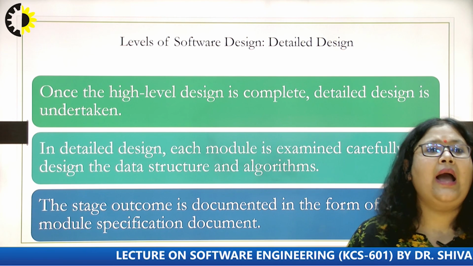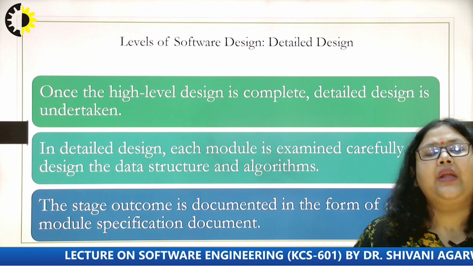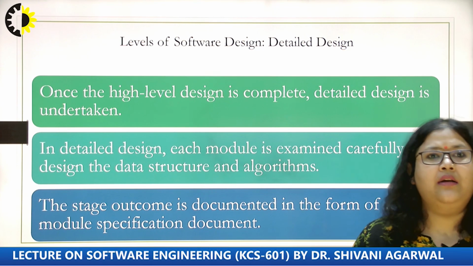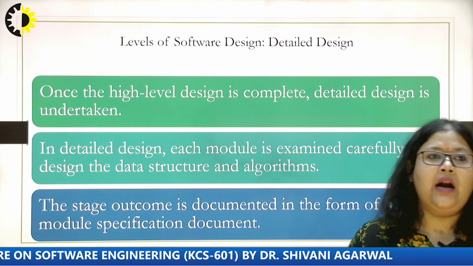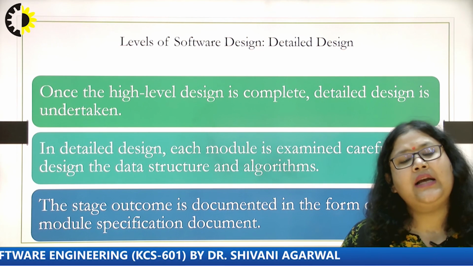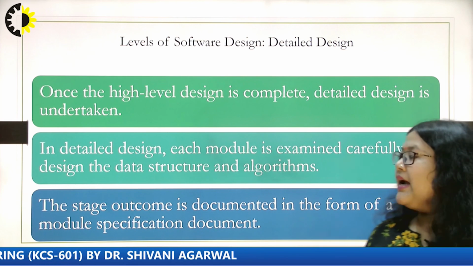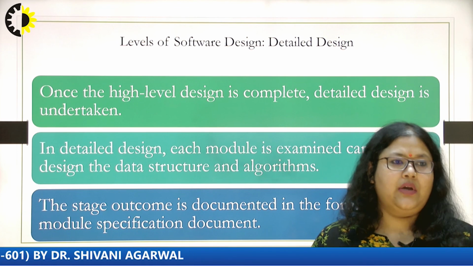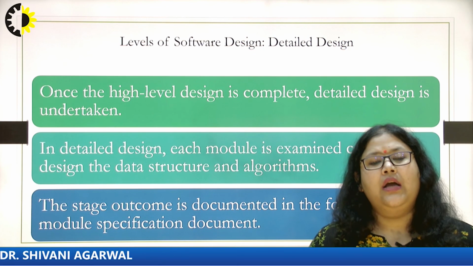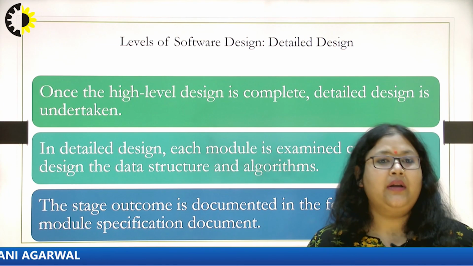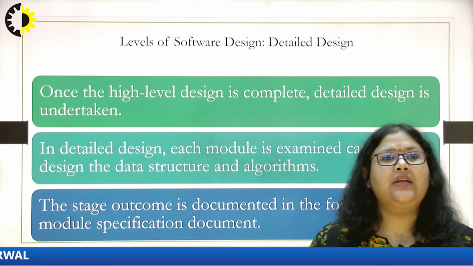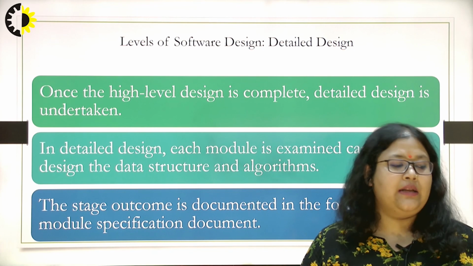So, basically when high level design is completed, the detailed design is undertaken. In detailed design, each module is examined carefully to design the data structures and the algorithms and we document the outcome from that particular part. So, this is the software detailed design.